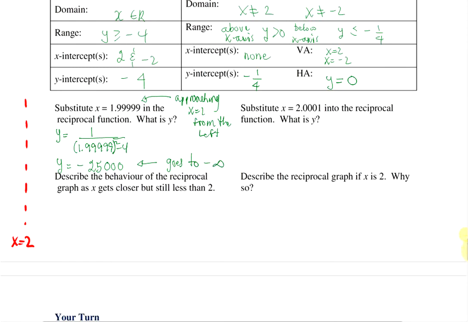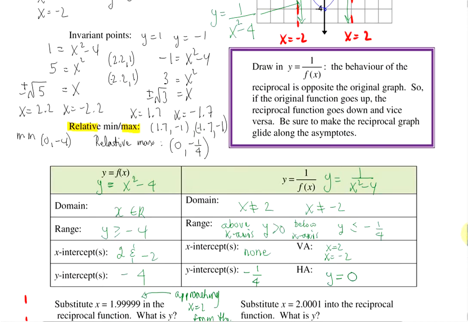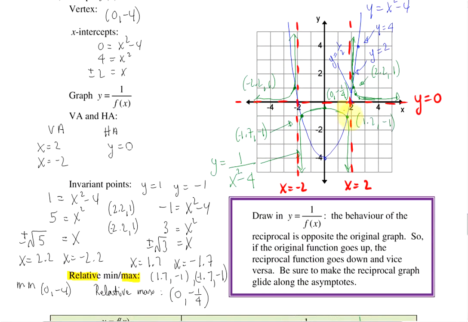So if we go back up to the graph, we are approaching from the left of x equals 2, and note that the graph is going down sharply, and it will continue that off to negative infinity.